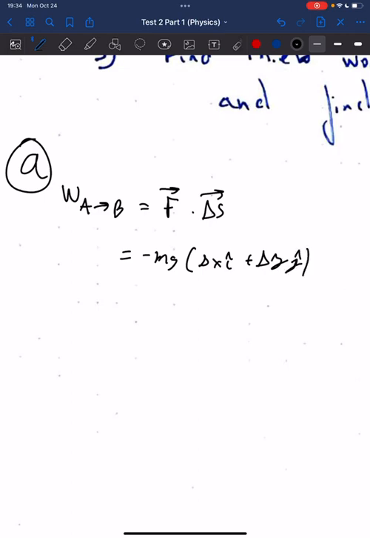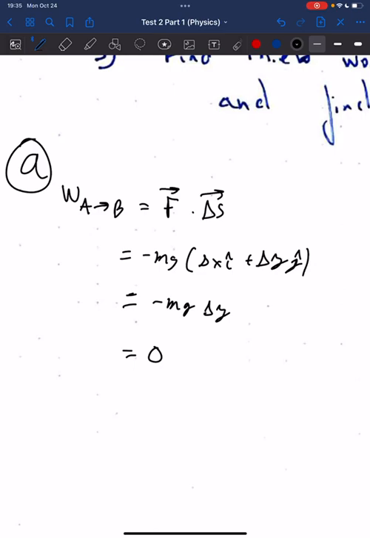So we are going to represent it like this. Change of y equals 0, because the parabola from A to B has no difference.